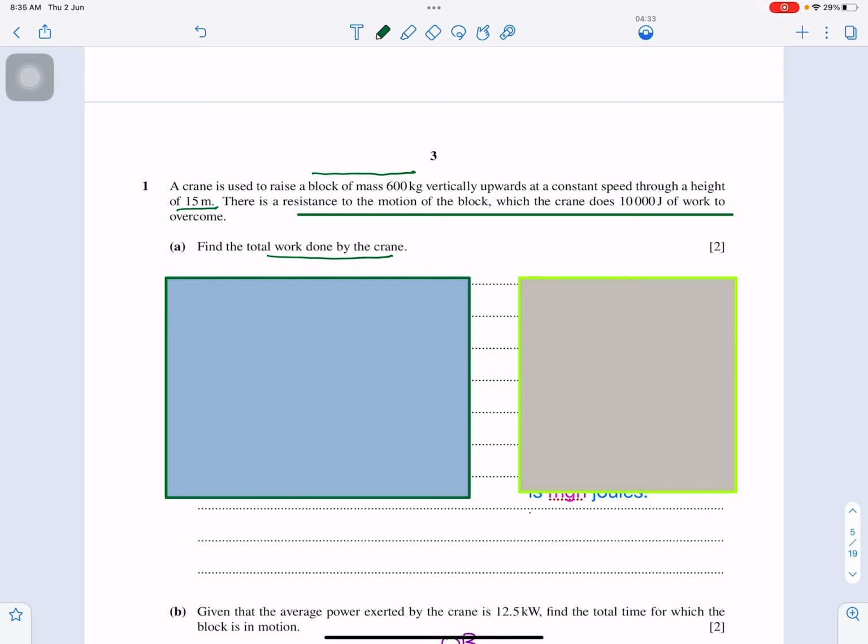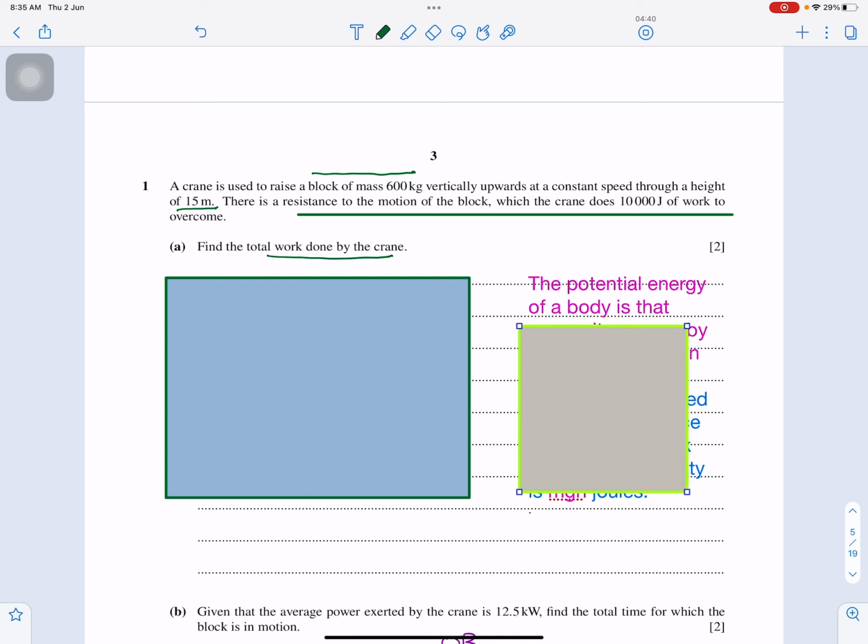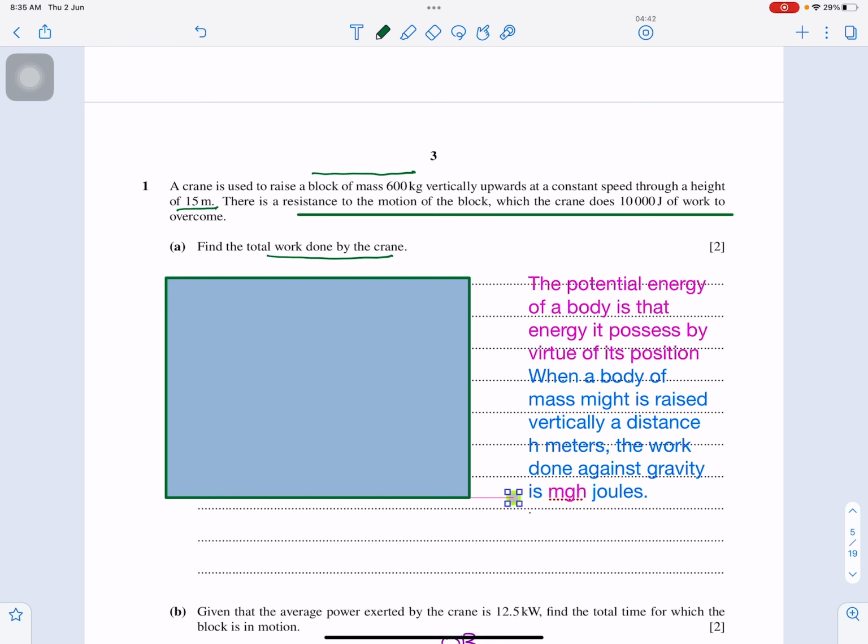So to find the total work done by the crane, first of all, you need to remember one thing, and it is that the potential energy of a body is the energy that is possessed by virtue of its position. So what does it mean? When we say potential energy is equal to mgh, that is the work done when the crane is lifting the block up.